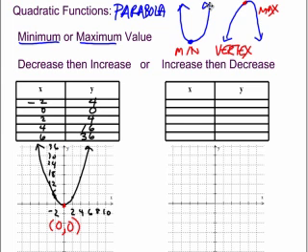Now, you can have the same sort of situation with a parabola where you have an increase followed by a decrease. So an increase to a maximum followed by a decrease. Just want to give you kind of a general idea.